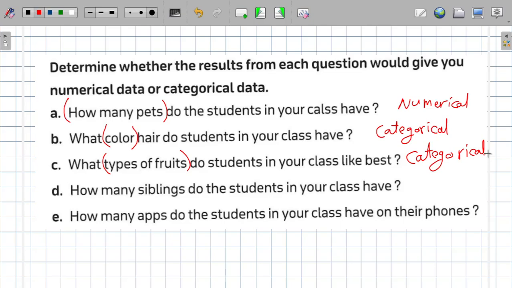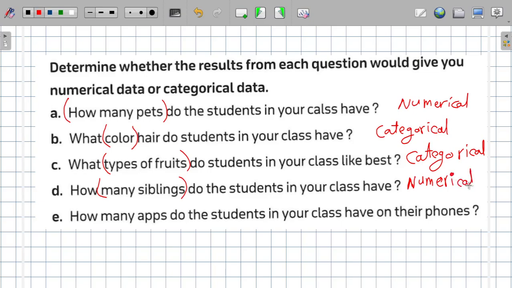Okay, next, how many siblings do the students in your class have? How many siblings? I think I'm asking about numbers. So I think this will be numerical data.